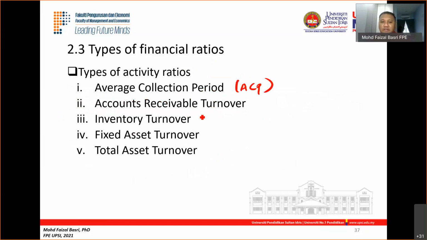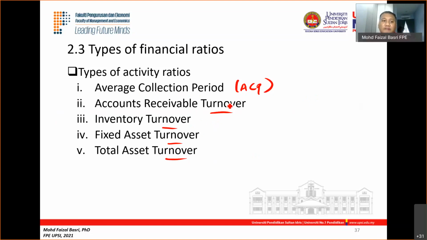Then we have account receivable turnover, inventory turnover, fixed asset turnover, and lastly, total asset turnover. So we have 4 turnover ratios here. We will see some similarity between all 4 turnover ratios later. So we only have 1 ACP, and we have 4 turnovers under the activity ratios.